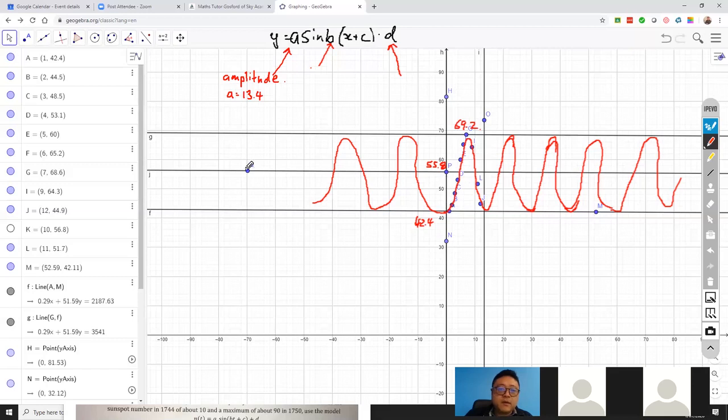So the center of the line has moved from 0. How many units has it moved up? 55.8. Yeah. So your vertical shift is 55.8. Does that make sense? Yeah.